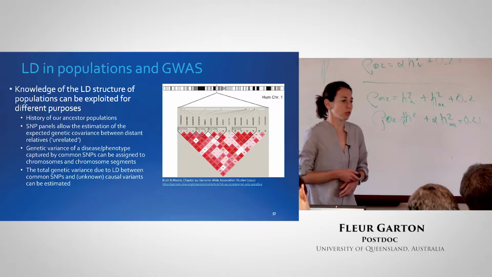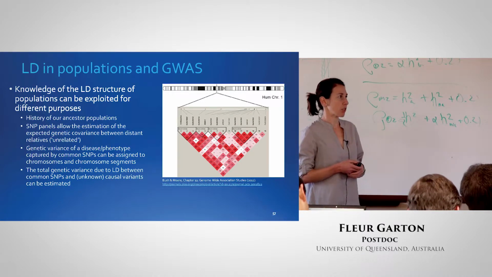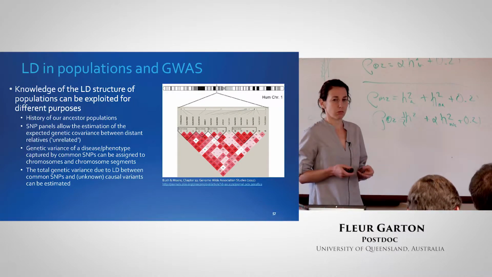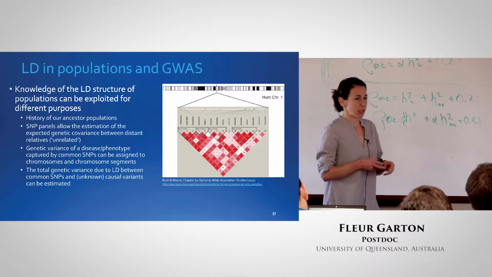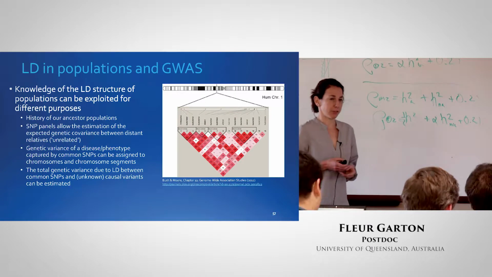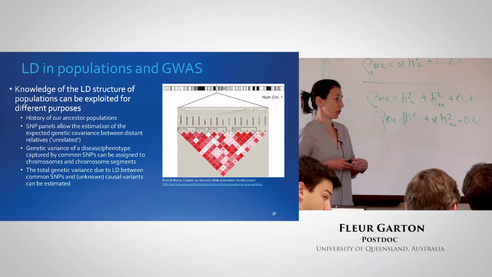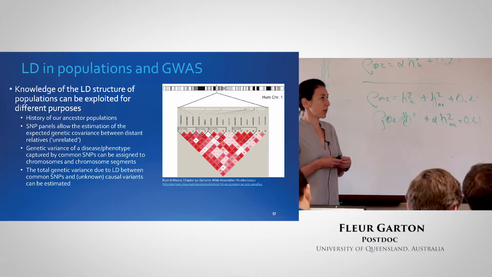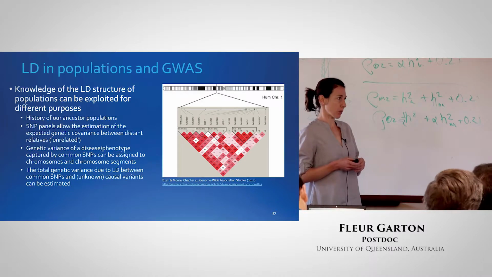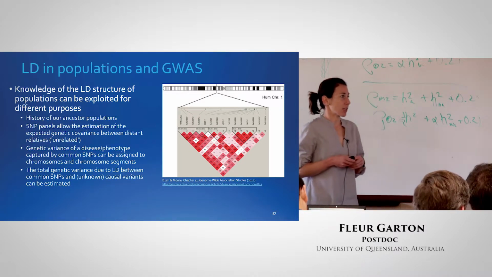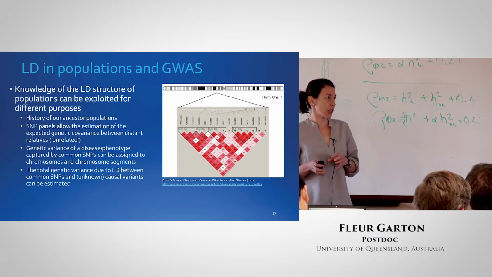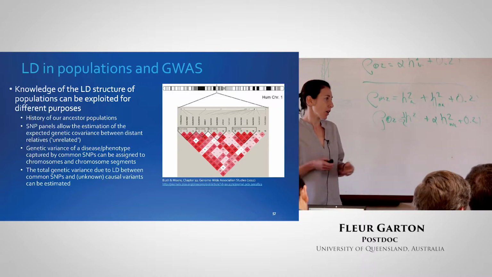Okay, so what can linkage disequilibrium in populations be used for, and how is it used in GWAS? So it can be exploited for a few different purposes. It can give you an understanding of the history of our ancestor populations. SNP panels can actually allow the estimation of the expected genetic covariance between distant relatives, so unrelated.